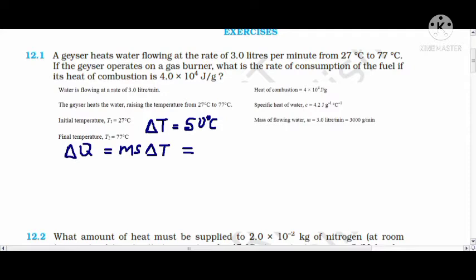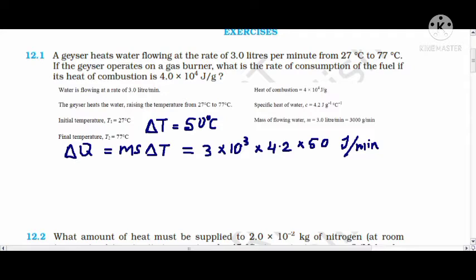Therefore, we have 3 into 10 power 3, then specific heat of water is 4.2, change in temperature is 50 degree Celsius, so that we get the amount of heat absorbed in joule per minute, because the mass is given as 3000 gram per minute.